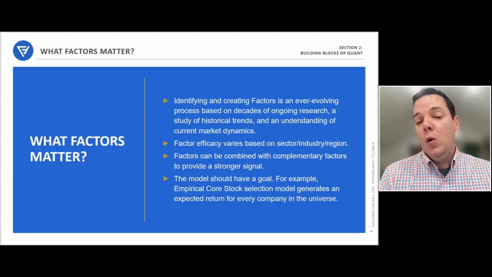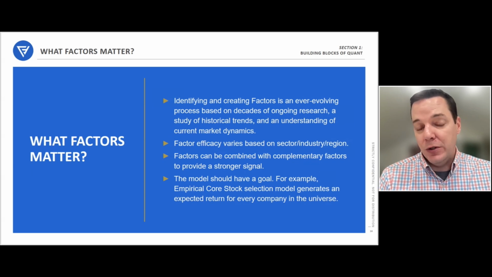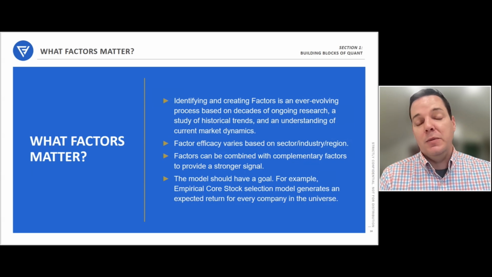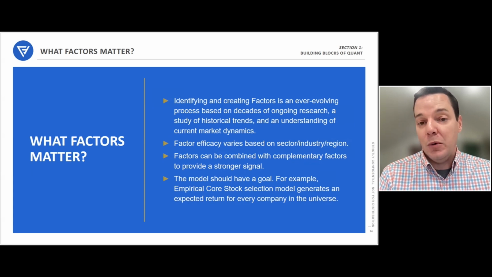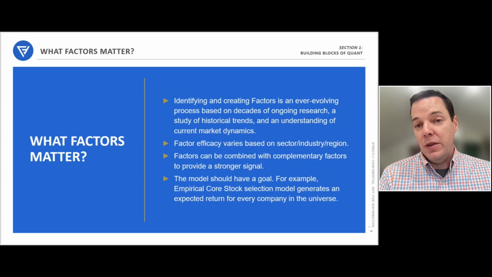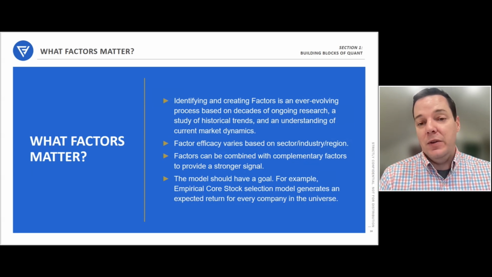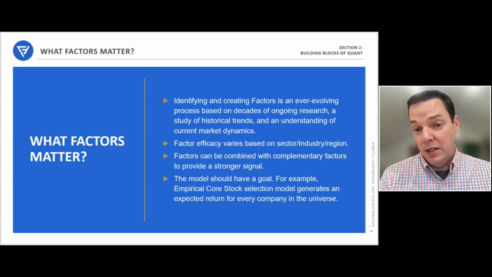So at Empirical, we talk about the expected returns of our model, and we can rank order every single stock within the universe based off of this expected return, from the stocks that we think are most likely to outperform all the way down to the ones that we think are most likely to underperform. And so that end output needs to be something that is able to be consumed by the investors that are ultimately making the decision, right?